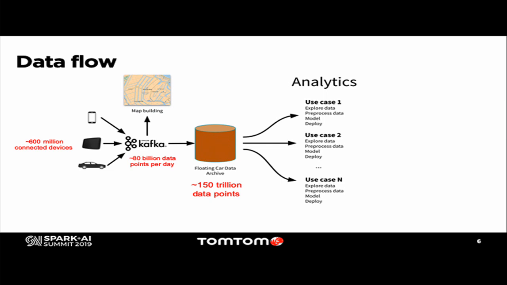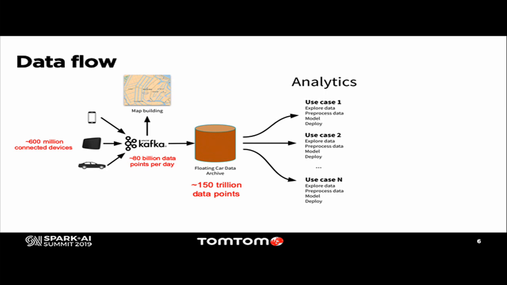This is overall the architecture of how it looks. We have 600 million devices that are connected to our servers. Mainly, these are smartphones, personal navigation devices, and vehicles, cars, trucks, etc. They are sending all these geo-coordinates and timestamps with some metadata to a Kafka server, or several Kafka servers that are located throughout the world, and we collect daily 80 billion data points.